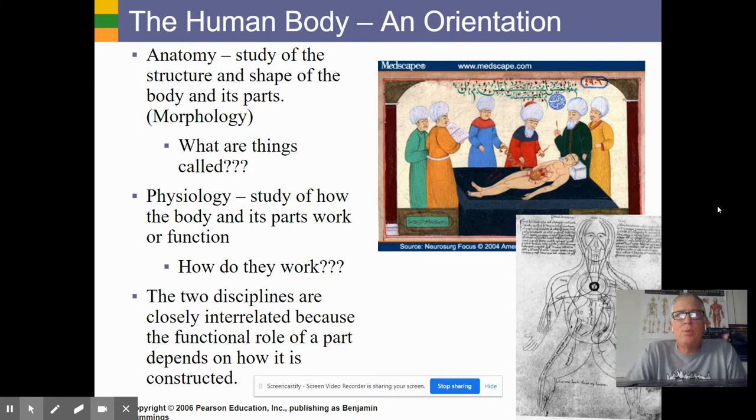Anatomy is actually the study of the structure and shape of the body and its parts, also called morphology. What I say anatomy is, it is what things are called. So if you point to the arm, you can say, well, the muscle on the upper part of my arm is the biceps brachii, not just "that thing," all right?